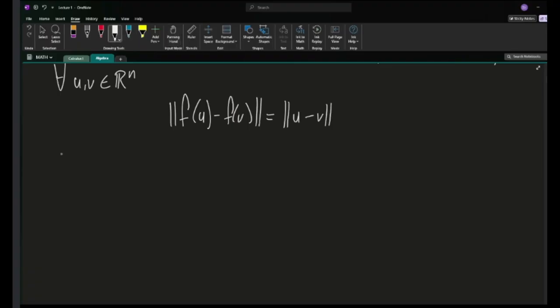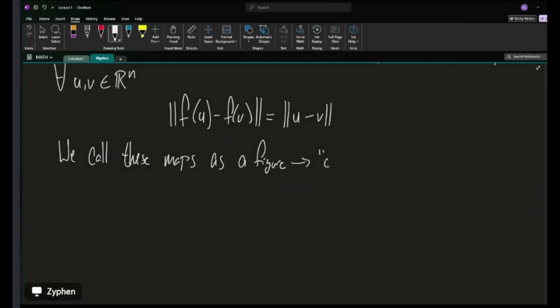We call these maps a figure to a congruent figure, which is basically describing literally what an isometry is, or what these rigid motions are.